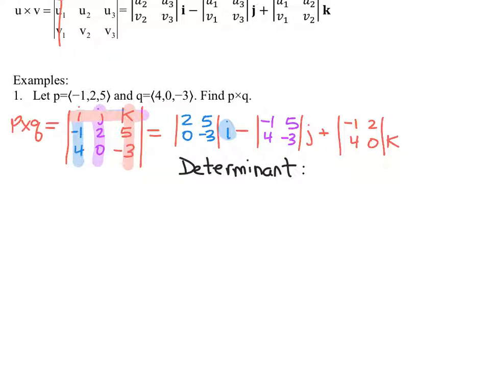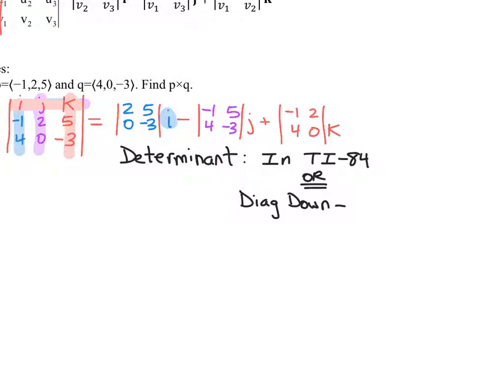You do it one of two ways. In your graphing calculator, or diagonal down minus diagonal up. For a 2x2 matrix, it's easy enough to do by hand.